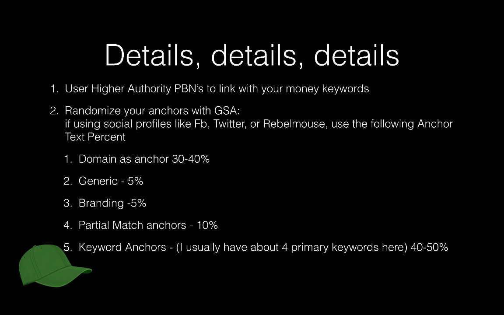So what that's going to do, that's going to put each of your primary keywords that you're trying to rank for, say it's 3 or 4 or 5 keywords, it's going to be somewhere between 8 and 10% of your overall anchors, okay? And I found that to be a good percentage based on what my tests have run, and I've had really good results doing this, like I said, with the Web 2.0s or social profiles.